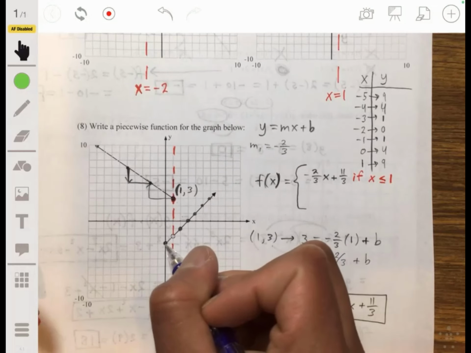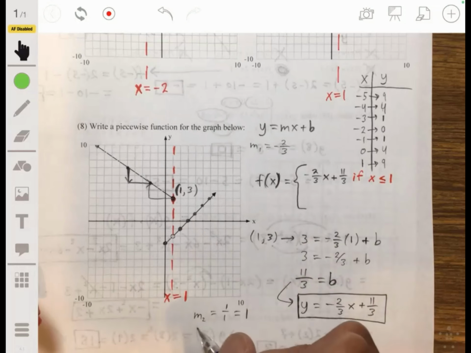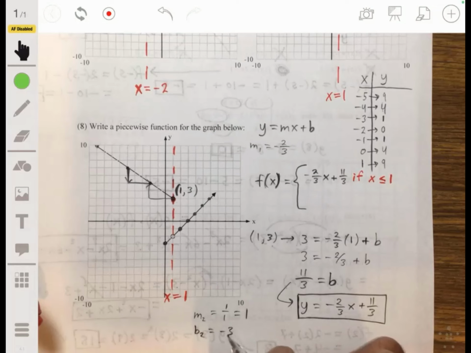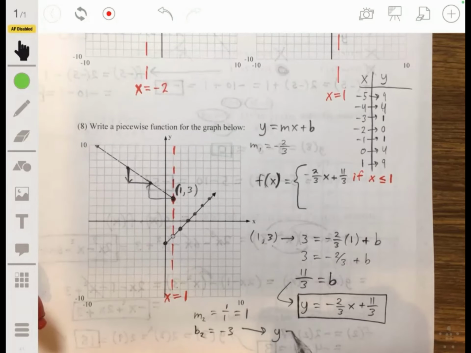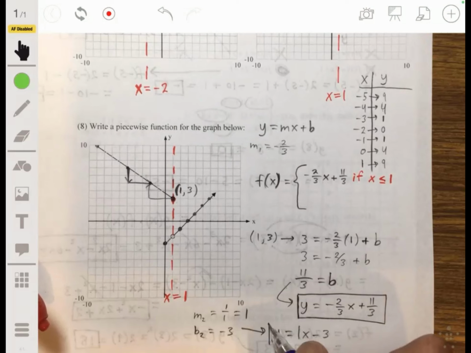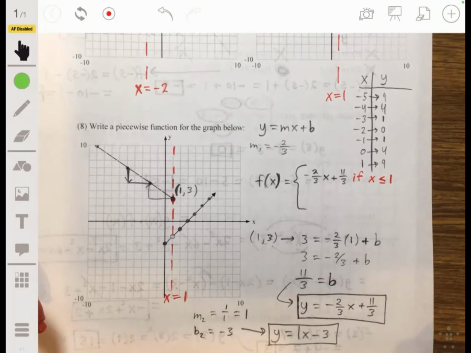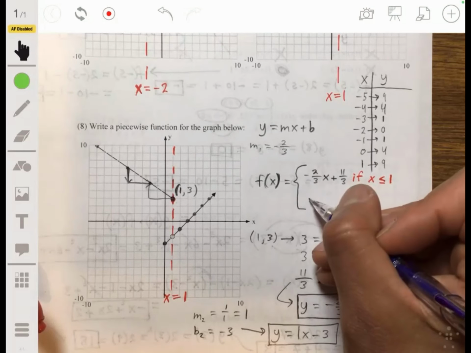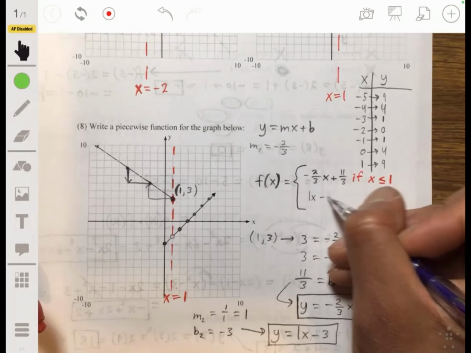So the y-intercept here would be negative 3. So then the y-intercept, or b in this case, would be negative 3. And so our equation for this one would be 1x minus 3.